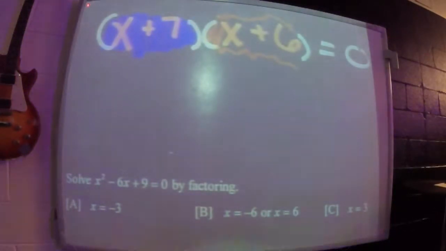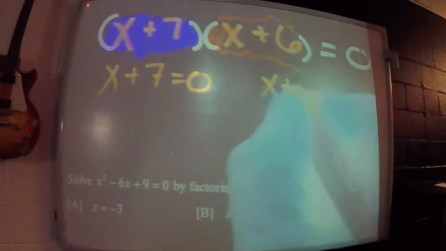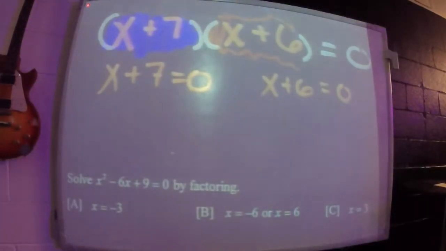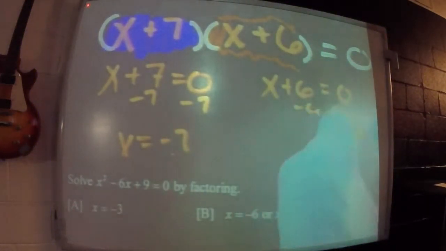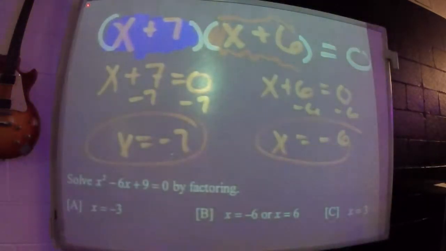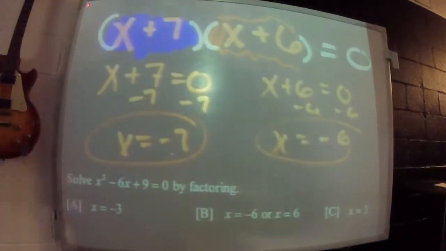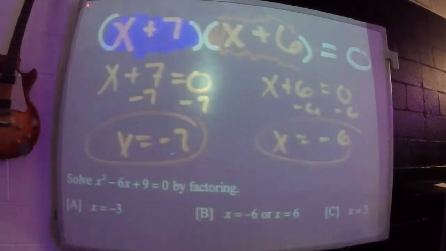It just becomes the opposite, and that's going to happen a lot. Not every time, but a lot. So this becomes x equals -7, and this becomes x equals -6. So your 2 answers are, one of them could be -7, or the other one could be -6. That's how we did it: take that trinomial and unfoil it, and then set each binomial equal to 0.